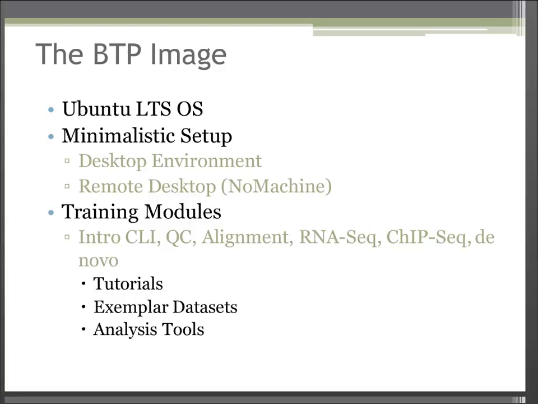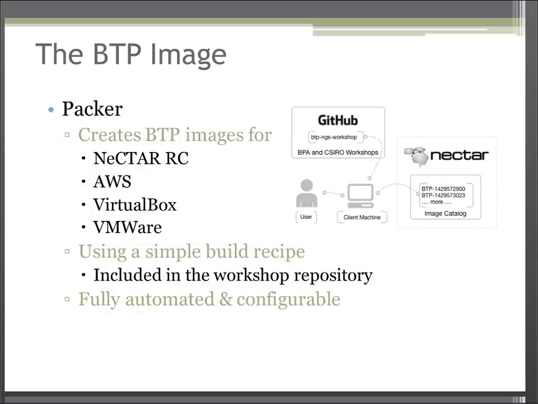The BTP images or training images are basically created using the Packer tool, like mentioned, and it's made available for the Australian research cloud called NECTAR, as well as on Amazon, and also as a downloadable and standalone image for VirtualBox and VMware. So the Packer tool uses a simple recipe for building the training image, and it's also fully automated.